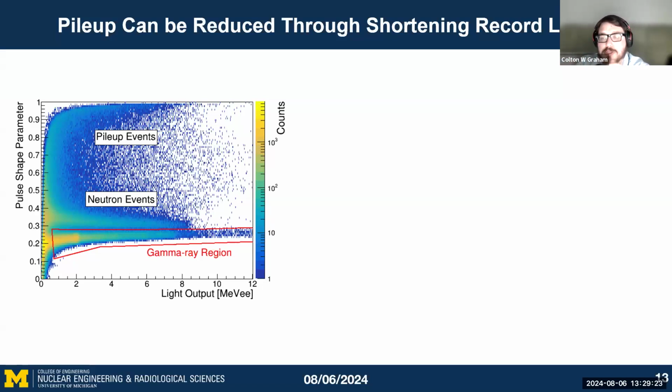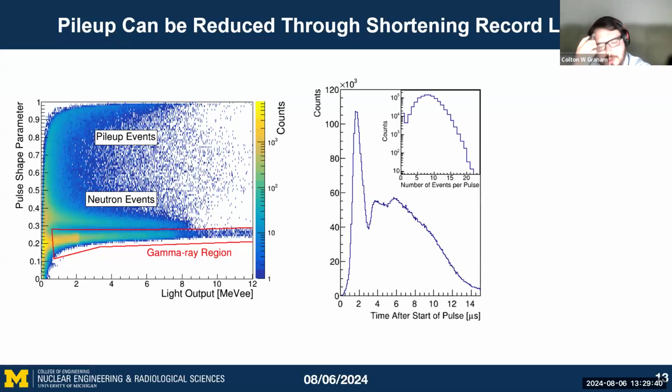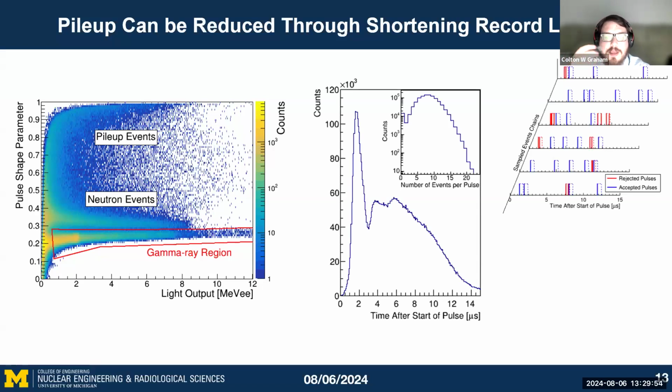So in order to reduce the probability of that happening, you can shorten record lengths, allowing each of those individual events to be triggered on individually, and then you can analyze each of those separately. In order to estimate the impact of pileup based on record length, we did some Monte Carlo simulations in which we essentially generated event trains by sampling from the number of events per DT pulse, which we measured, and then for each of those events, sampling from the time profile of all events, and then generating sampled event chains doing that.